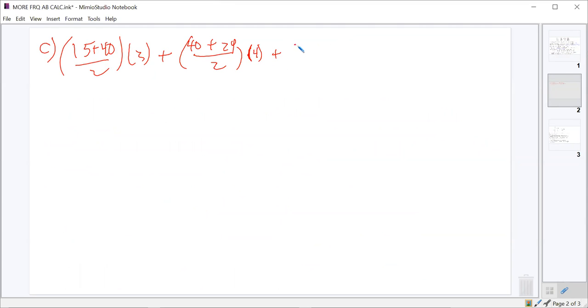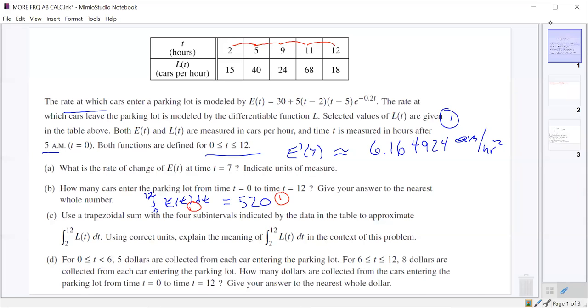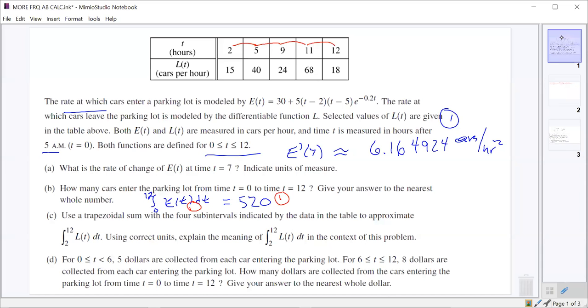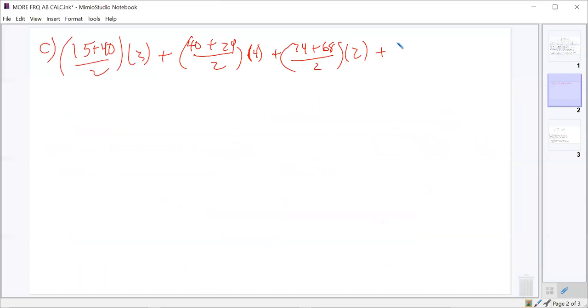And then we're going to have 24 plus 68 over 2 times 2. And then we're going to have 68 and 18 over 2 times 1. And do a bunch of arithmetic, and you get 345.5.